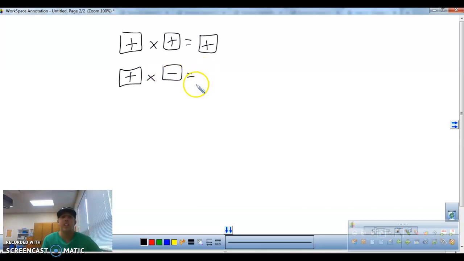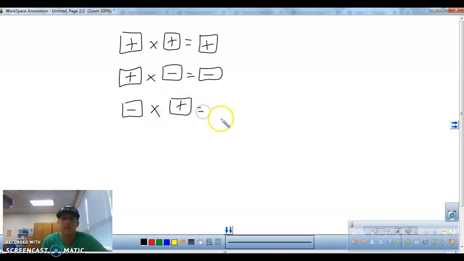Well, if they're alternating signs and they're multiplied, a positive times a negative gets you a negative. Okay? Next one, a negative times a positive. Well, there's still one of each. There's a negative and a positive. Okay, so your answer will be negative.